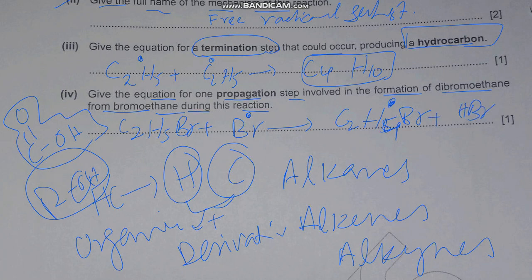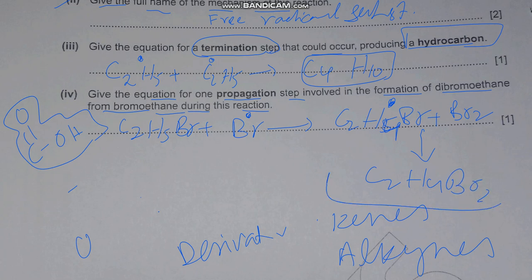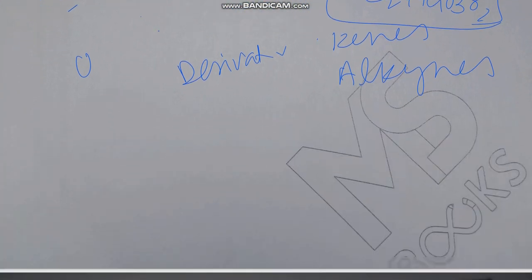And in the next step, these are the reactants and the products, with the difference of Br2, so we can add C2H4Br2. So this is the preparation for the propagation steps.